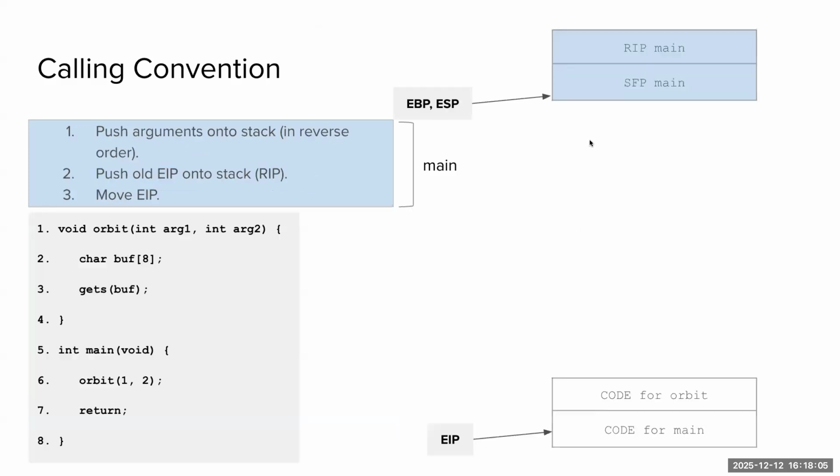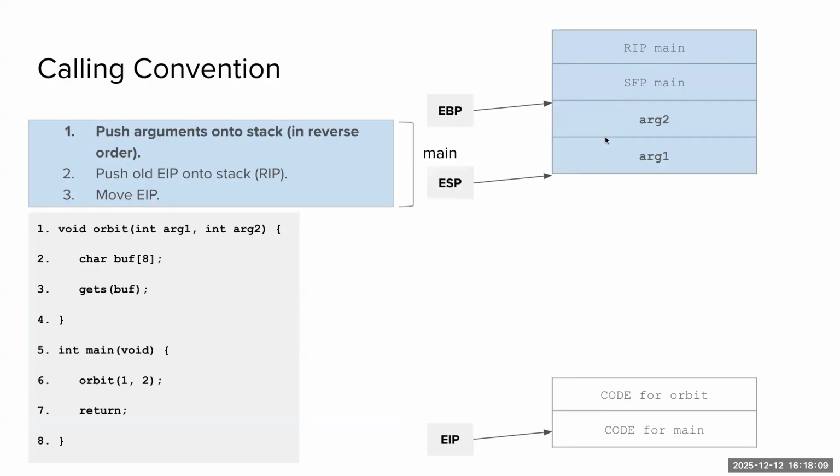So we can see here, we have the RIP and SFP of main. The first thing we're going to do is push arg2 and then arg1 onto the stack. As you can see, the EBP is pointing to the base of the main function, which is usually the SFP of main. Our stack pointer is going to go down as we add the two arguments onto the stack to keep track of where on the stack we currently are.